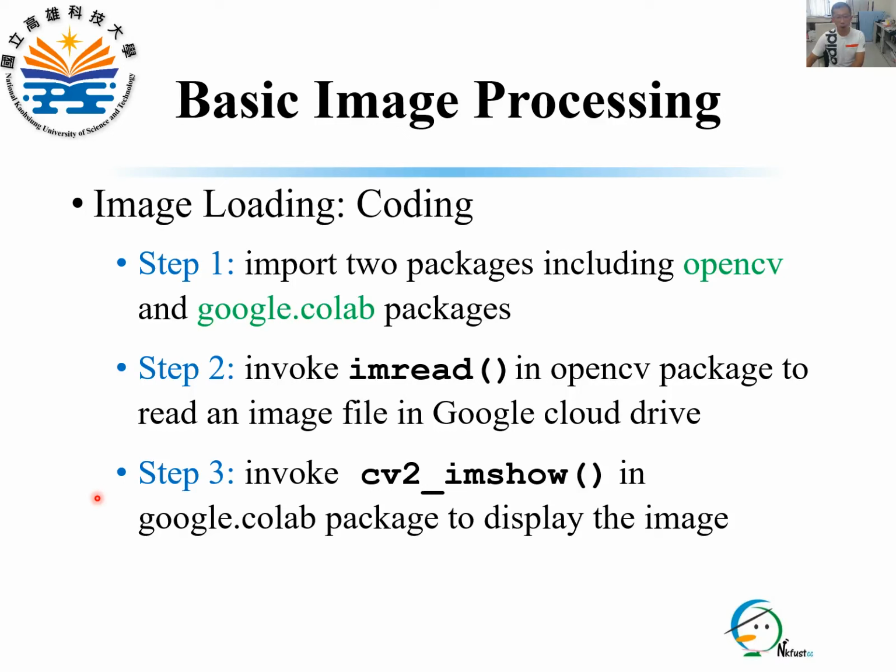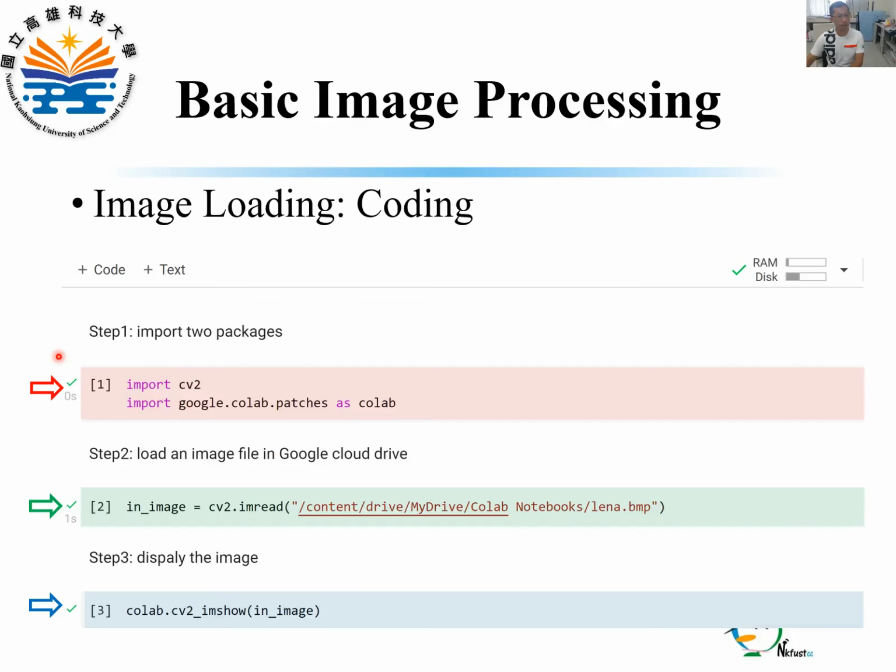Finally, we invoke cv2_imshow in the google.colab package to display the loaded image. The Python codes for the mentioned 3 steps are listed here respectively.